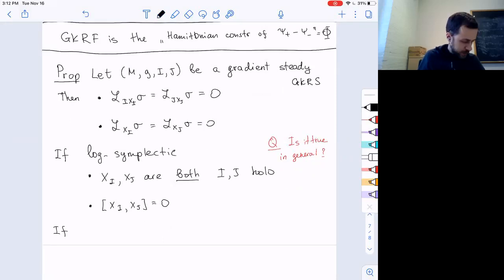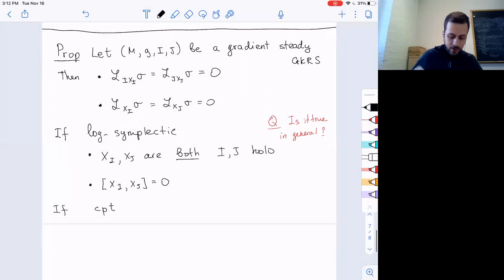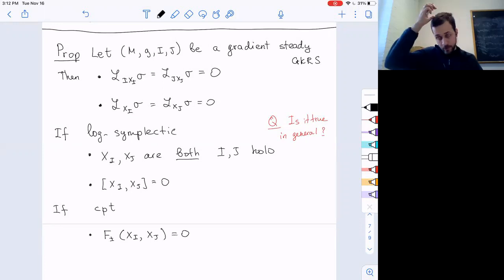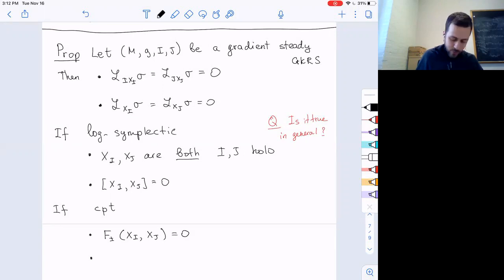And a final observation. So far these are local arguments, the proof doesn't even use compactness. If your manifold is compact, besides that, you can check that F plus or minus of Xi, Xj is 0. So they are orthogonal to each other with respect to F plus or F minus. You can rewrite it a little bit, I'm not sure if it's really more helpful.